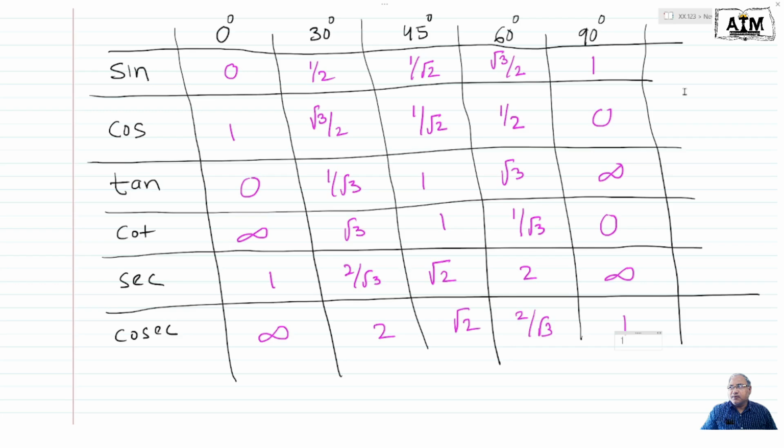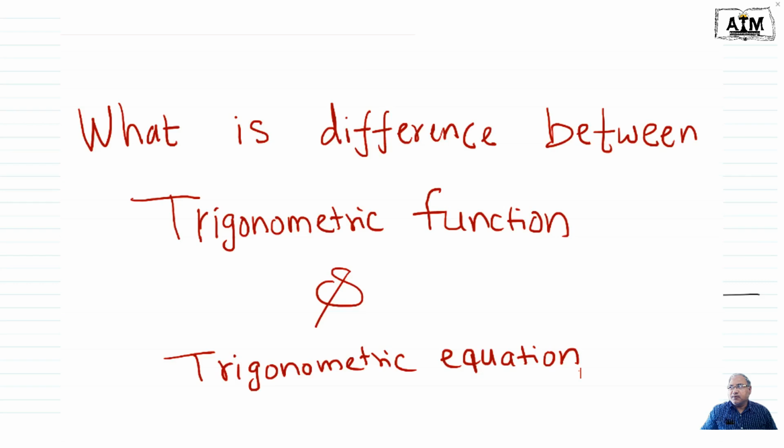So sin 0 equals 0, sin 30 equals 1 upon 2, sin 45 equals 1 upon root 2, sin 60 equals root 3 by 2, sin 90 equals 1. Similarly, sec 0 equals 1, sec 30 equals 2 by root 3 and sec 90 equals infinity, etc.